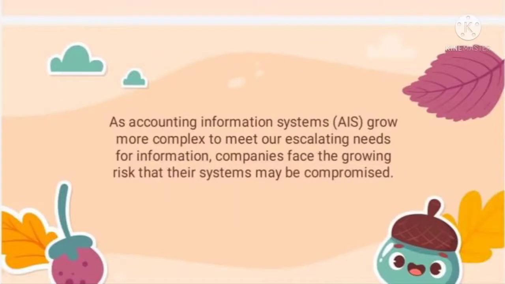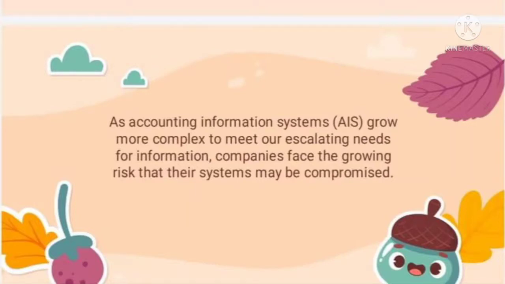So before that, what is an accounting information system? An accounting information system involves the collection, storage, and processing of financial and accounting data used by internal users to report information to investors, creditors, and tax authorities.